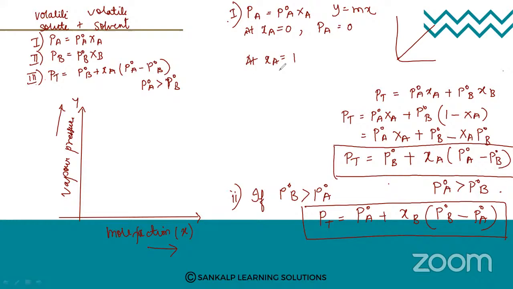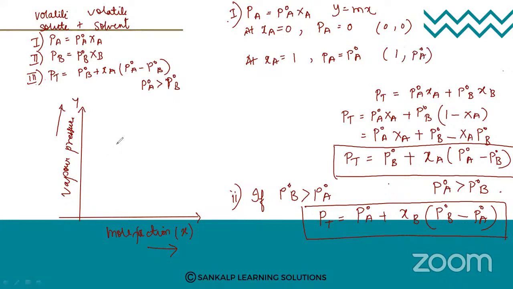And if chi of A is 1, then P_A will be equal to P naught A. So the points are 0 and 0, and 1 and P naught A.